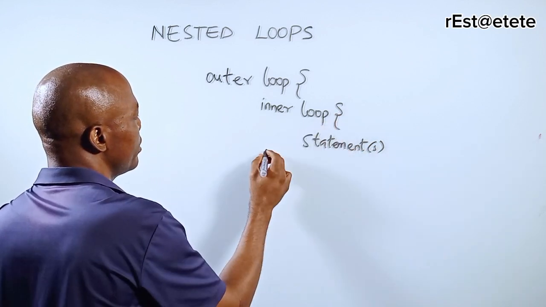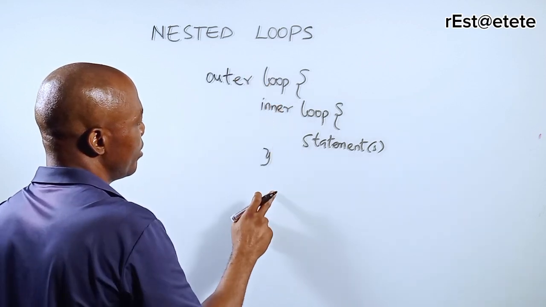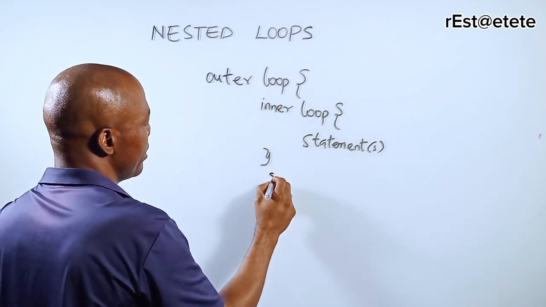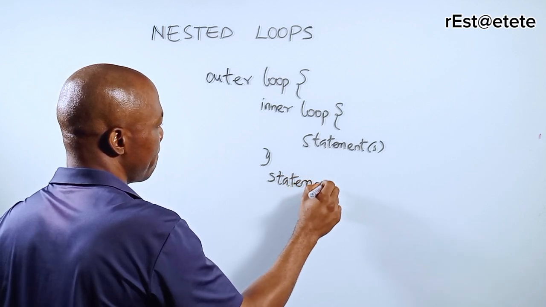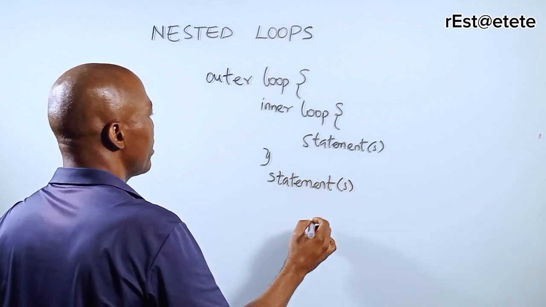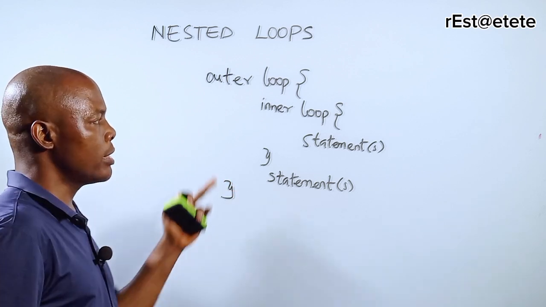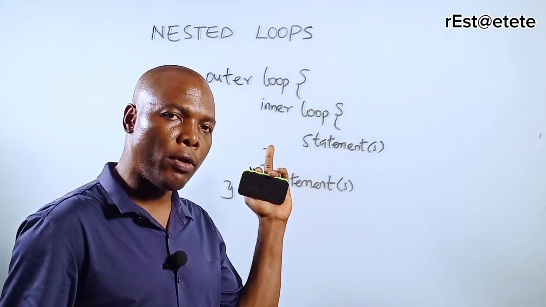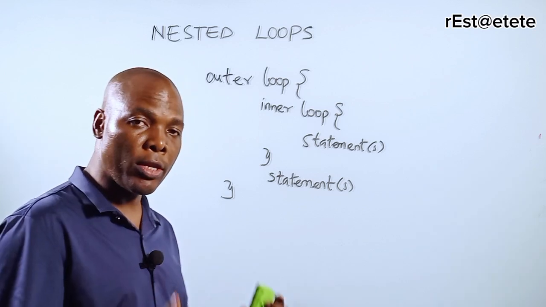Then I'll close this. Then for this outer loop, I'll write its own statement if there is a need, and then I'll close it. So this is the syntax for nested loops, that is, writing a loop inside another loop.